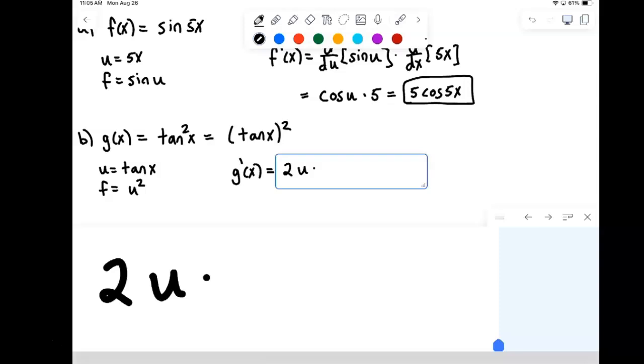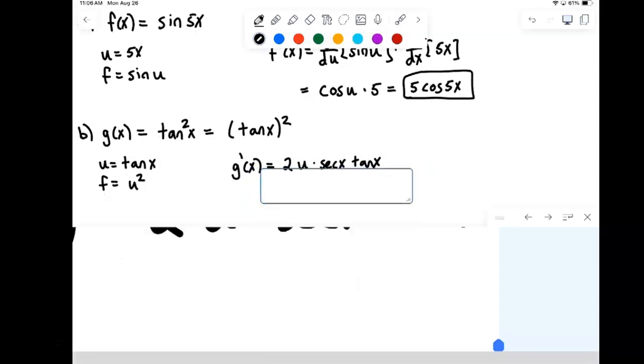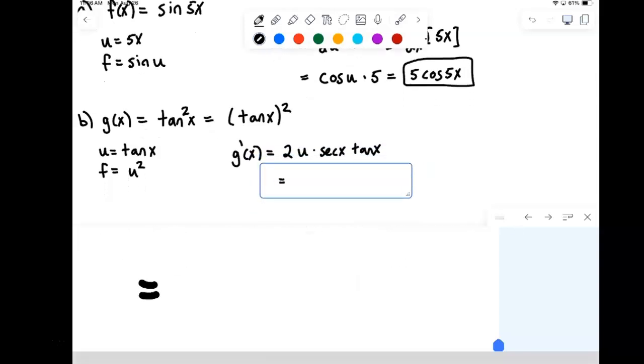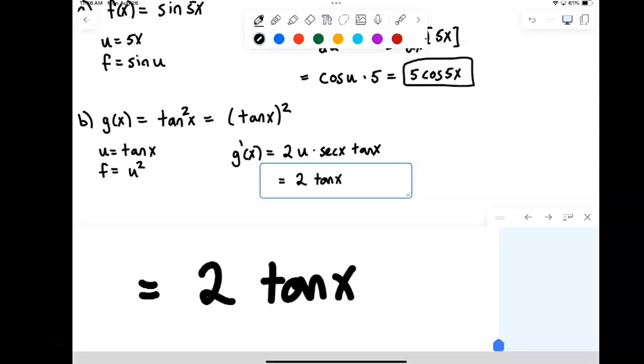which would be the derivative of tangent, which would be secant squared x. And then we just simplify. 2 tangent x times secant squared x.